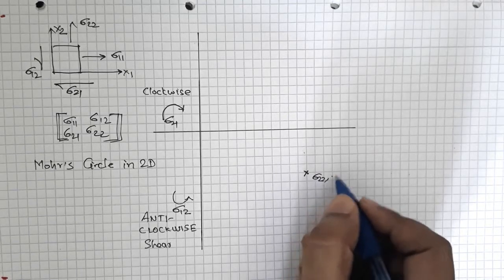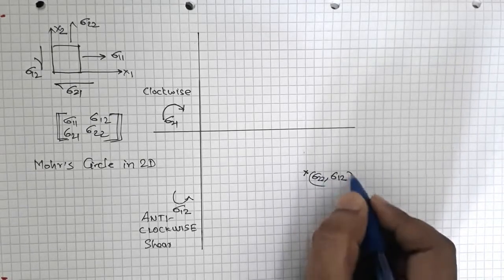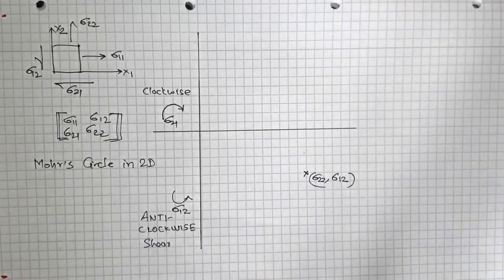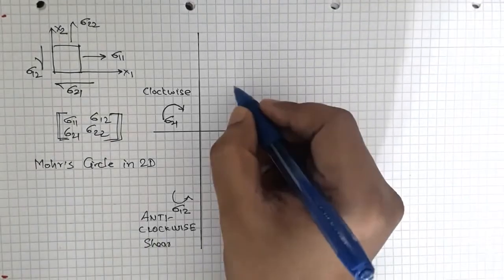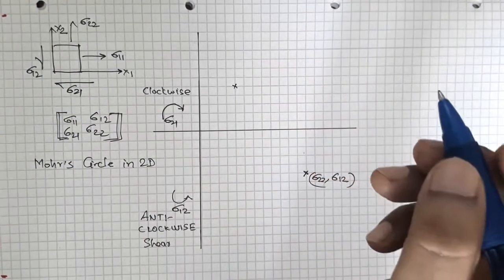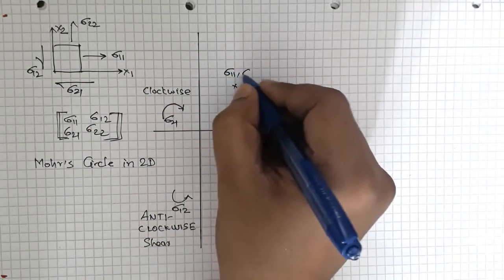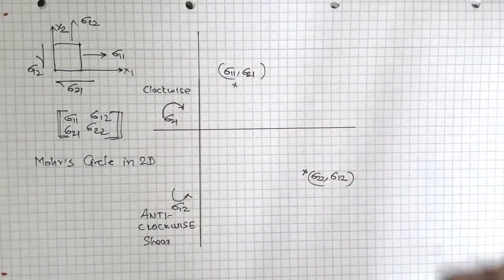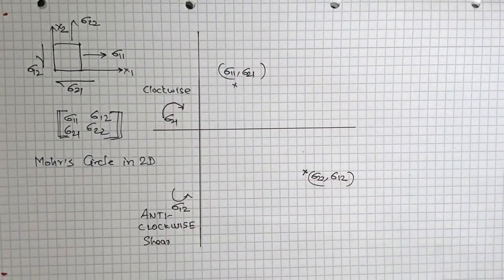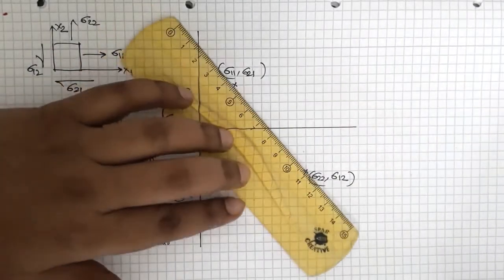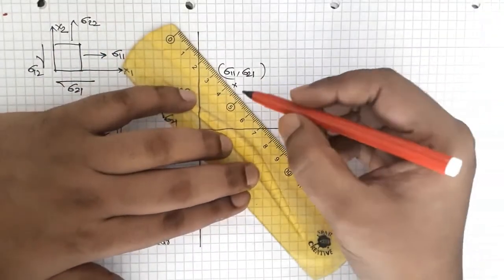So sigma 22, sigma 12 is this point, and then we have to take another point, let's say it's there, and this is sigma 11, sigma 21, right? So now we need to join these 2 points.